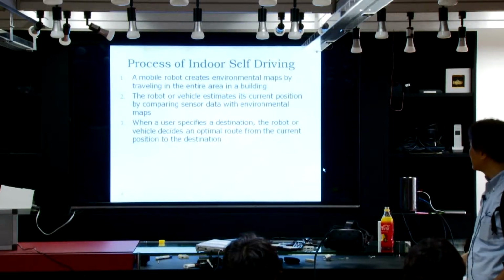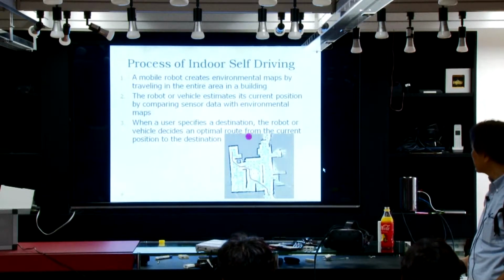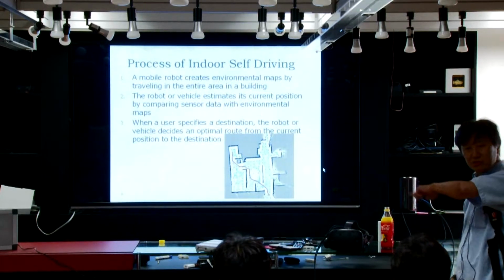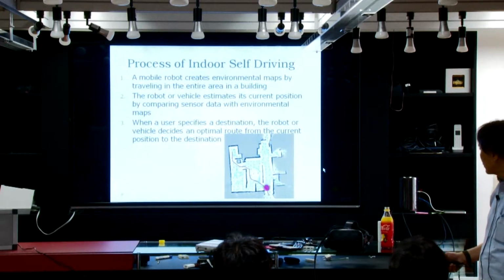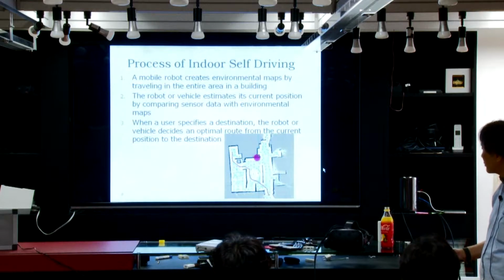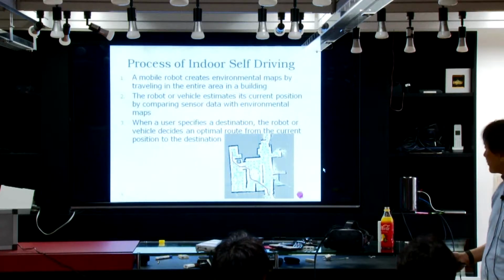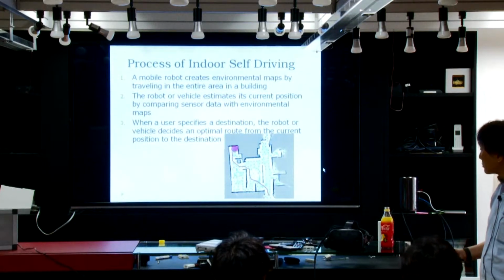To do that, we created this kind of mesh structure, a graph structure. These blue lines and dots consist of a graph structure. It's a possible route to move inside the building.